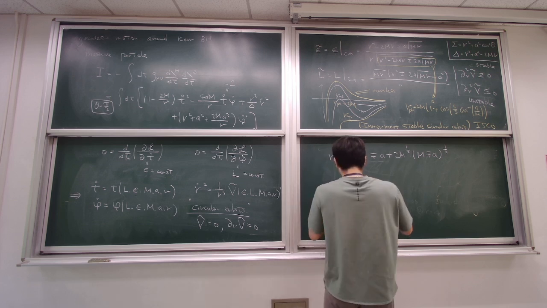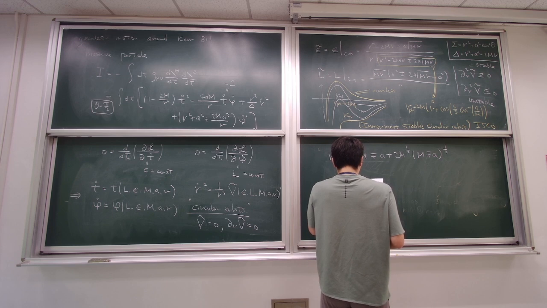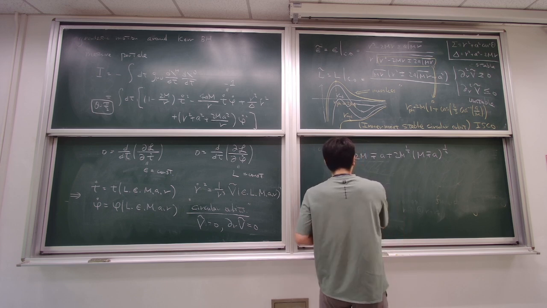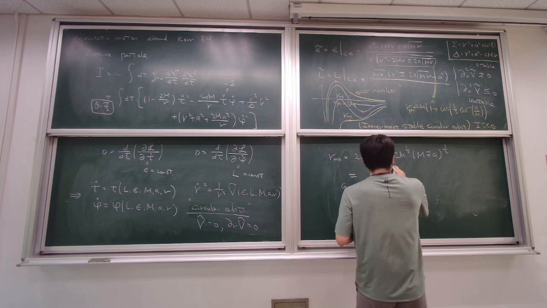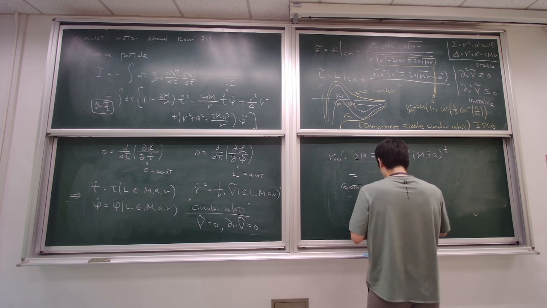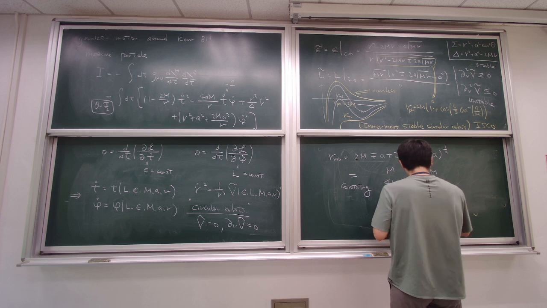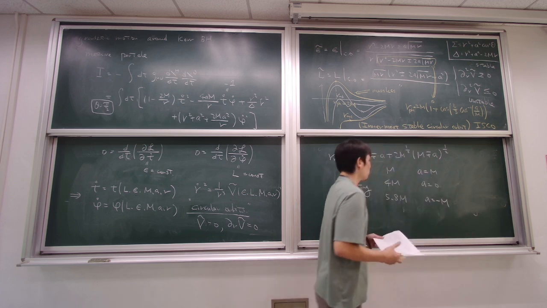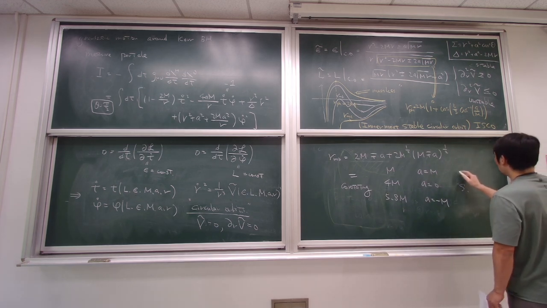And then in the case of a equal to m, for co-rotating, for instance, m for a equal to m, and then 5.8m, a equal to 0, and then a equal to minus m. Okay. So this is the Schwarzschild case, and both are extremum.